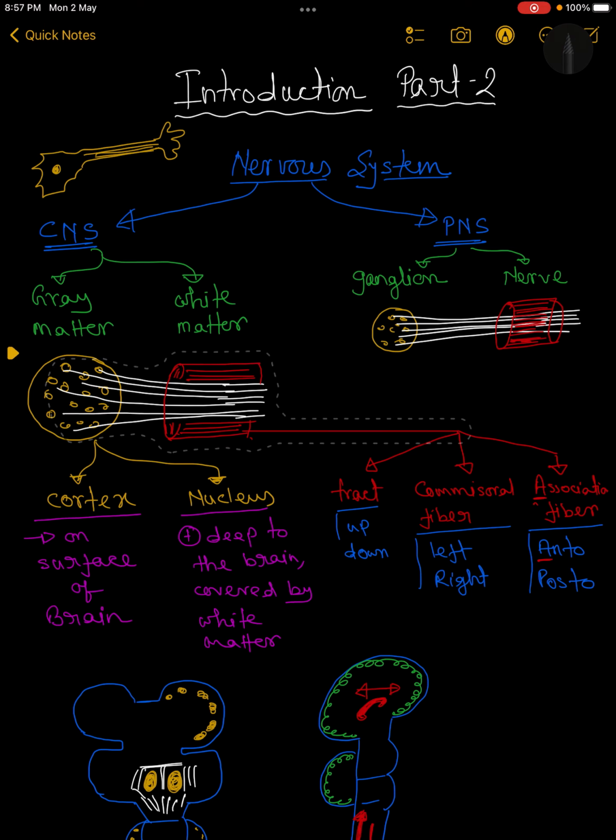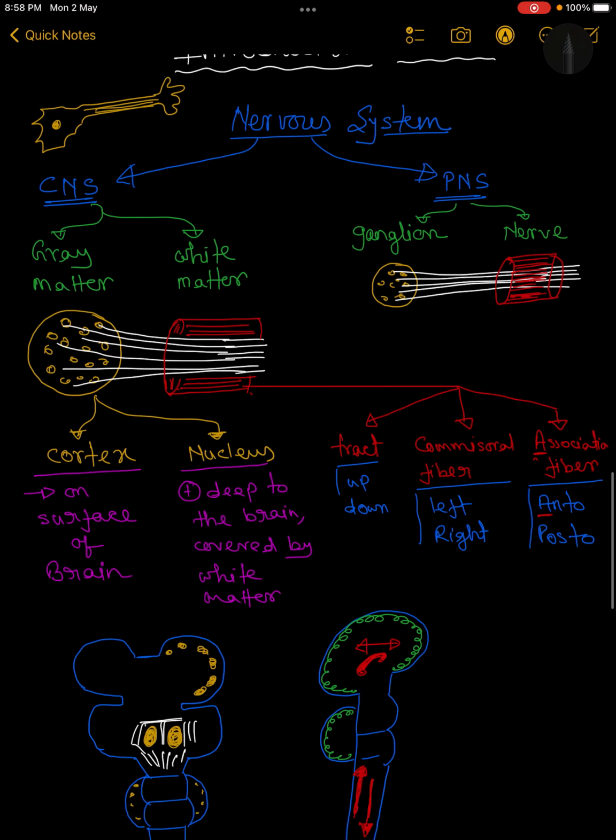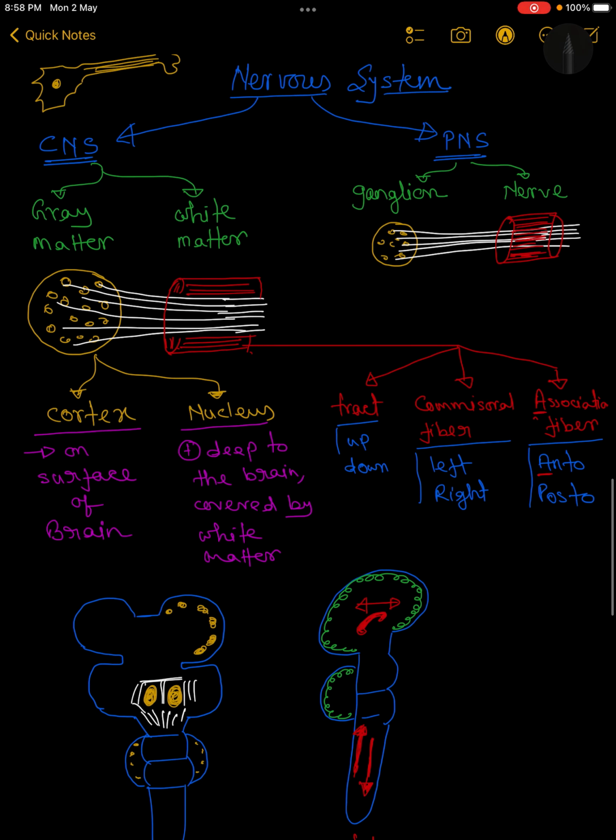Now if you focus on the gray matter, the collection of cell bodies, it has two names in the CNS. One is cortex. What is cortex? The definition is that it is the collection of cell bodies found on the surface of the brain. Now focus here.